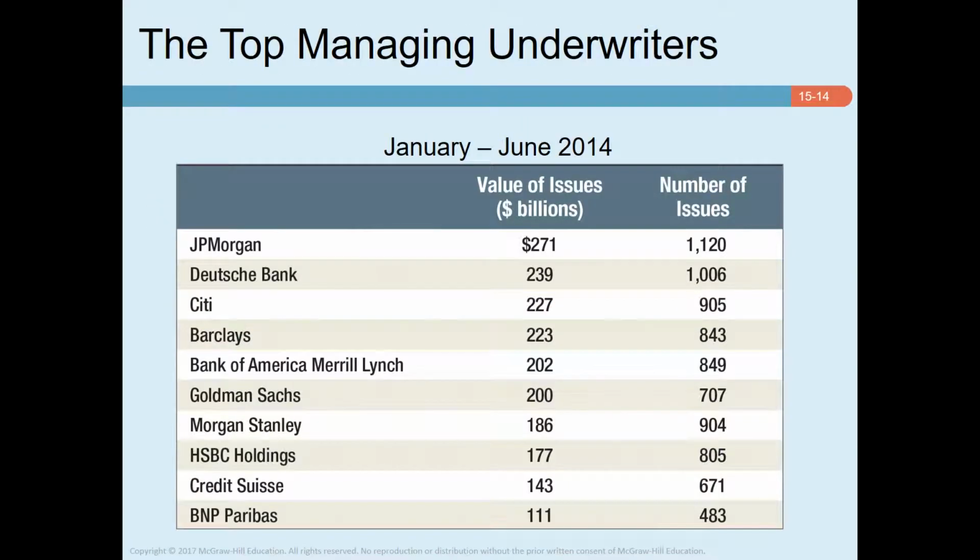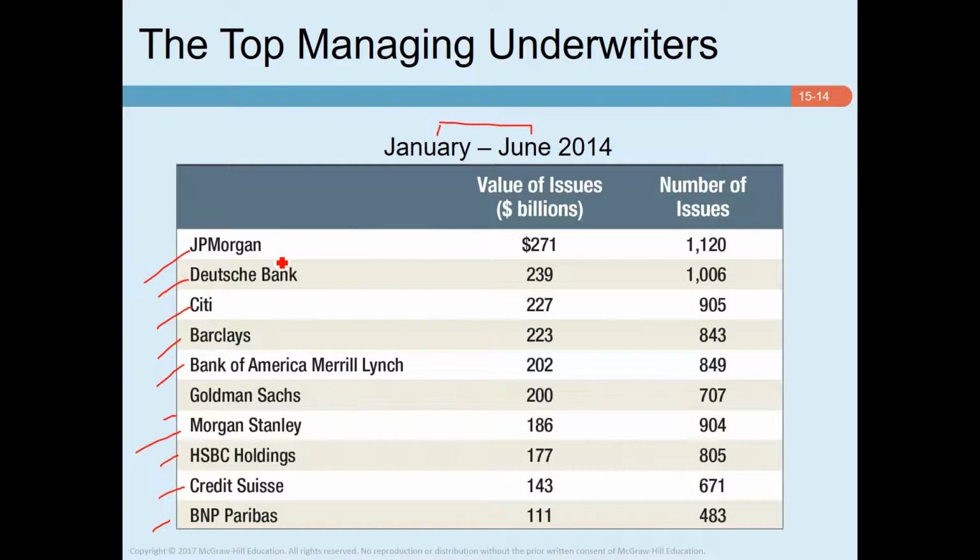Now, who are the underwriters? Look at a few examples. These are some big underwriters in the world. For example, JP Morgan, Deutsche Bank, Citi, Barclays, Bank of America Merrill Lynch, Goldman Sachs, Morgan Stanley, HSBC, Credit Suisse, and BNP Paribas. Do you have any idea what the size of the issues they underwrite is? For example, these are the numbers for January to June 2014.